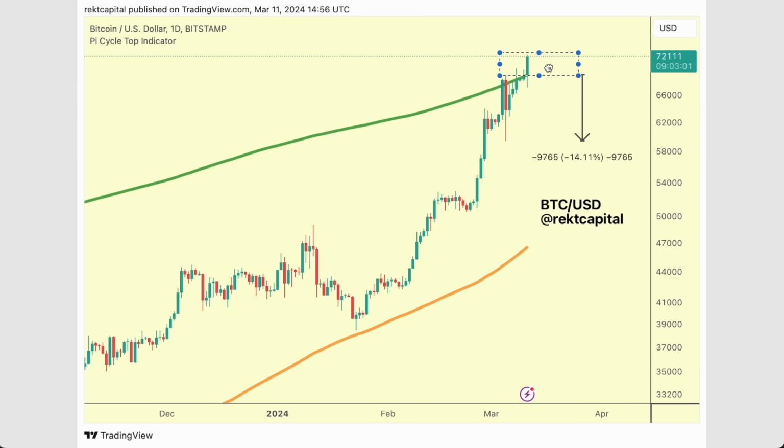However, if we see a dip from here, we could retest this green moving average as a potential support, and a successful retest would confirm further price rallying towards the upside.